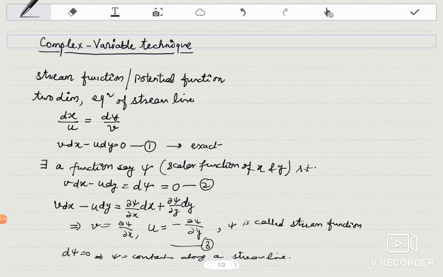In another way you can also prove it. One more important thing is that when you write the streamline equation, this streamline equation is necessarily for incompressible flow. This is an important point.